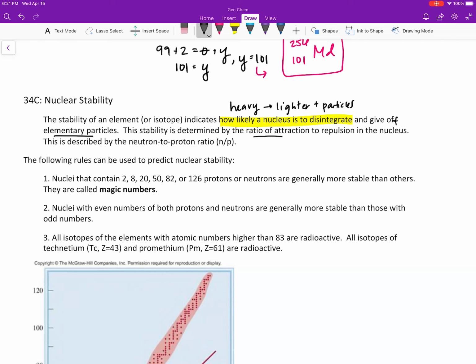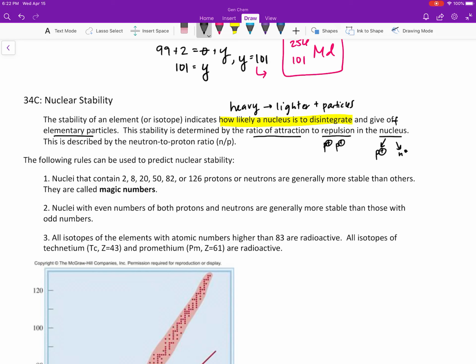The stability is determined by the ratio of attraction to repulsion within the nucleus. So we're only talking about nucleons. Okay, so we're not talking about electrons. And so when we think about repulsion, we're talking about the proton repulsion because they're like charges. They don't really want to be near each other.